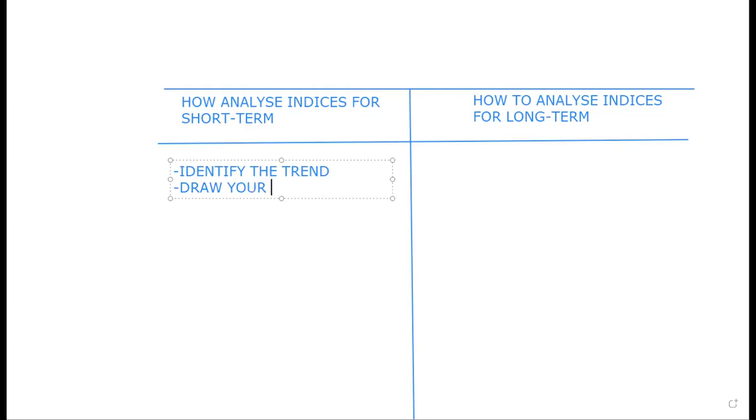In this case, I'm going to call it diagonal support and resistance. It might be easier for you to use a channel.